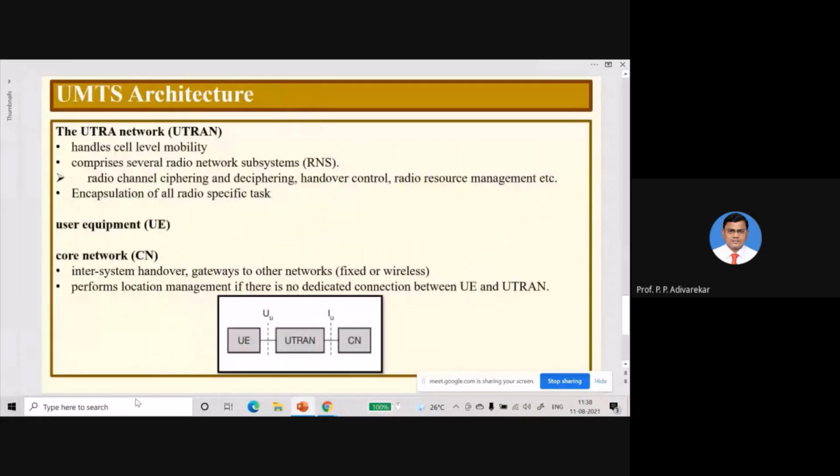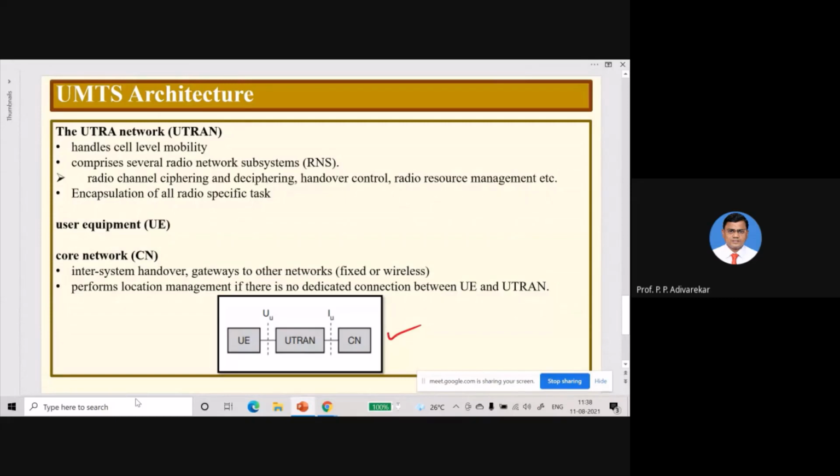Okay, so this is the general, basic architecture, looking from outside, and you can see what is new in this one. The general architecture includes three components.